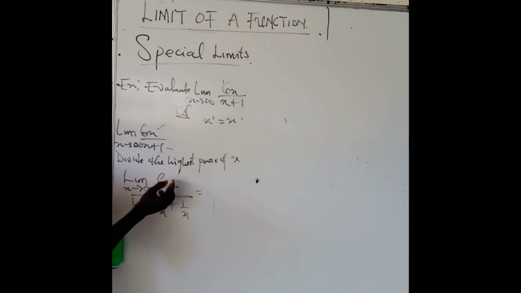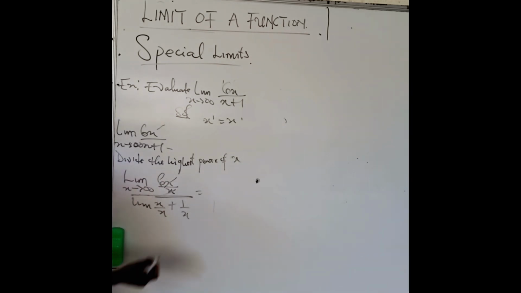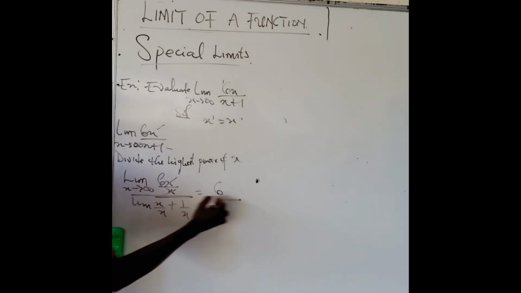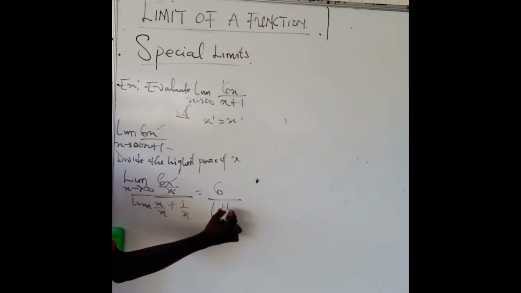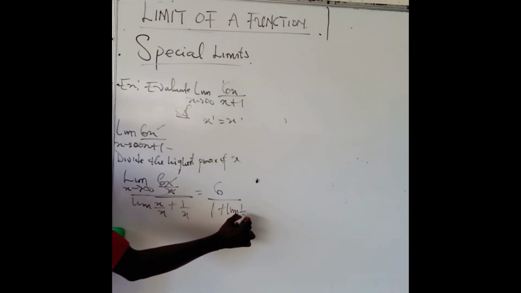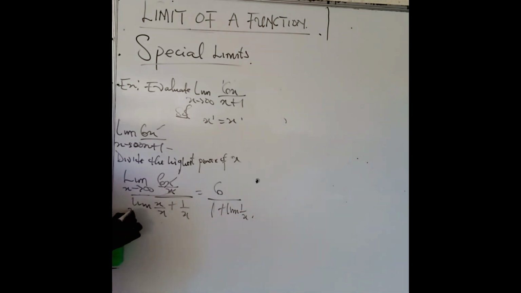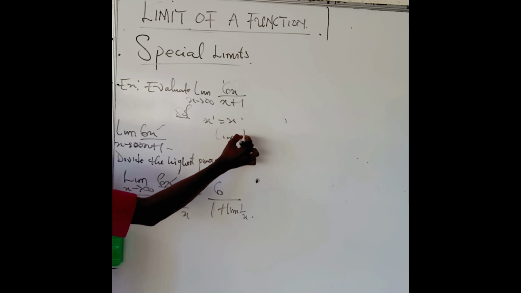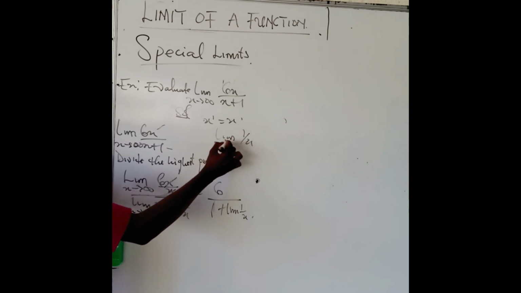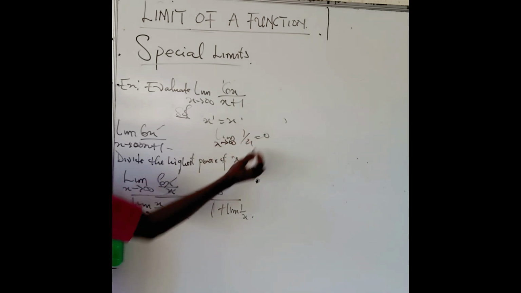So 6s over s, cancel s, you have 6 over 1 plus limit of 1 over s as s approaches infinity. Now, you recall, in the special limits we gave you, limit of 1 over s as s approaches infinity is equal to 0.